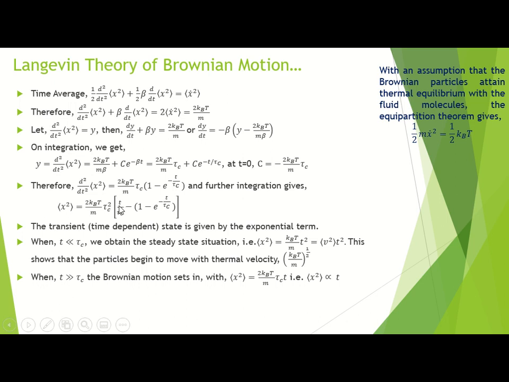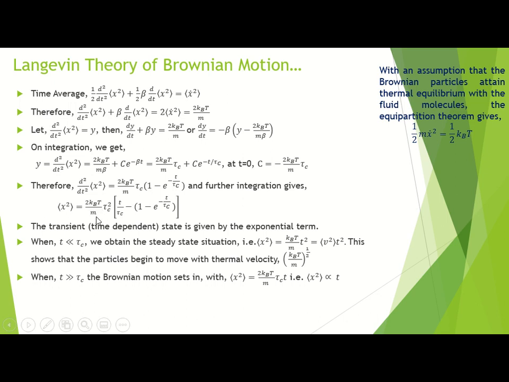Now when t is very very large, you can neglect this quantity from here. Since t upon tc is a very large quantity, you can say it goes to infinity, so e to the power minus infinity will be 0, and you can neglect 1 because t upon tc is large, so you can neglect this entire bracket.